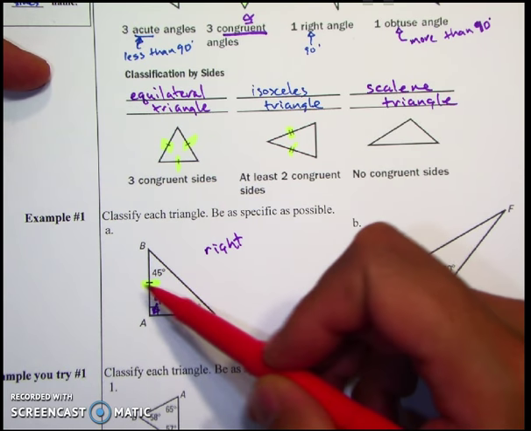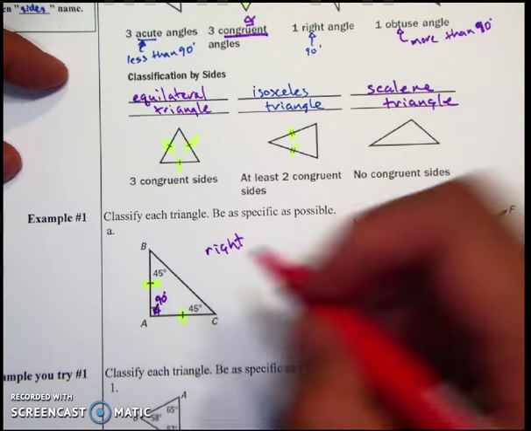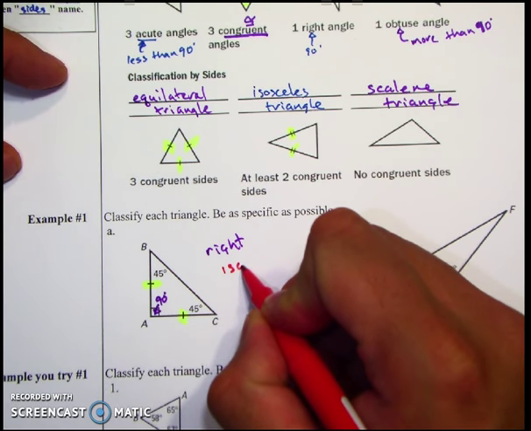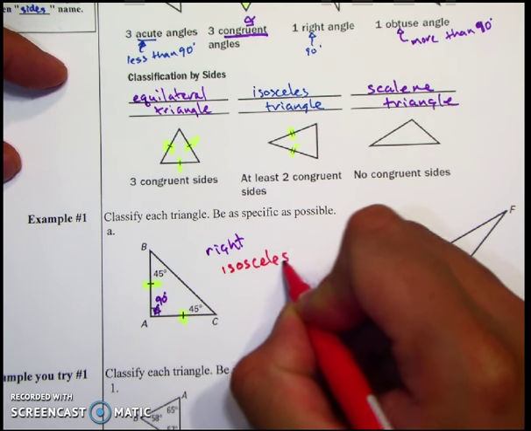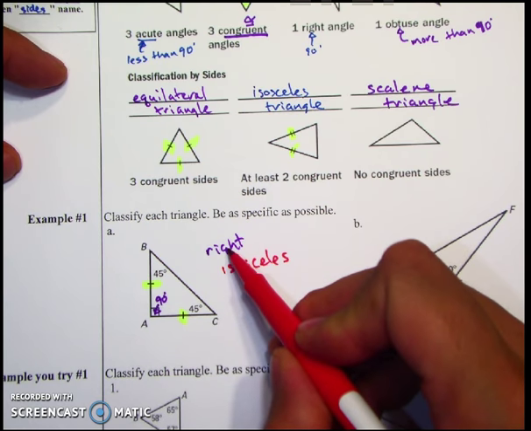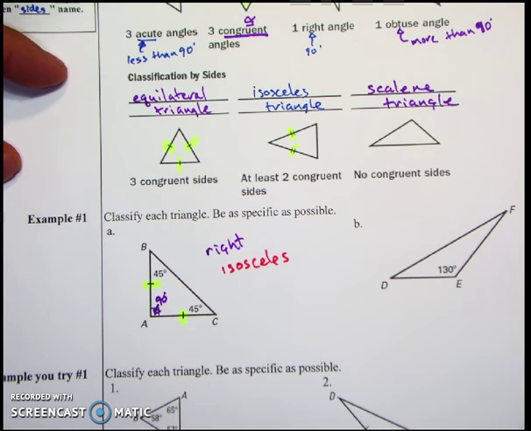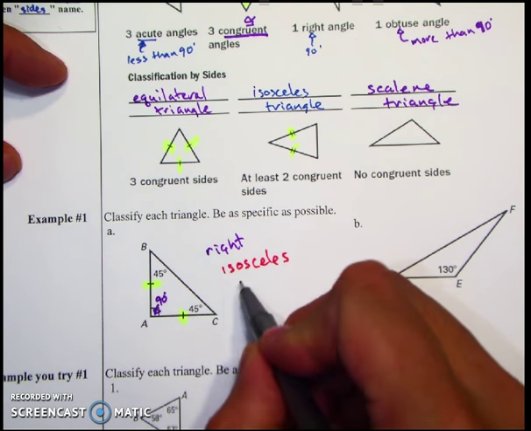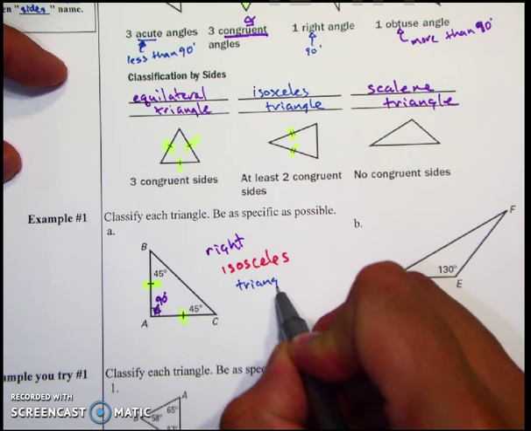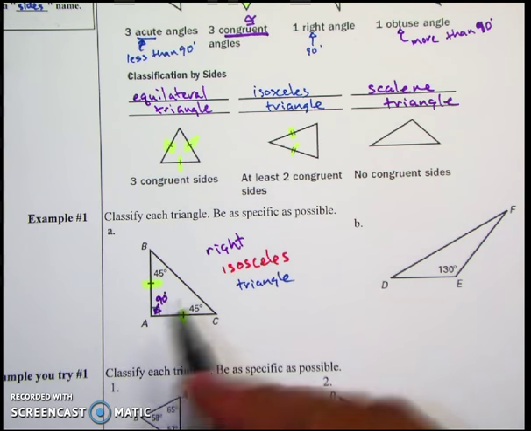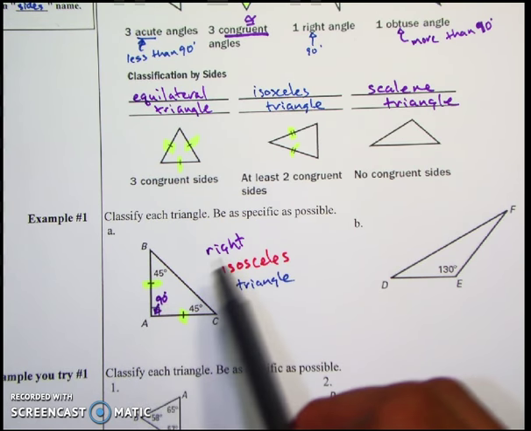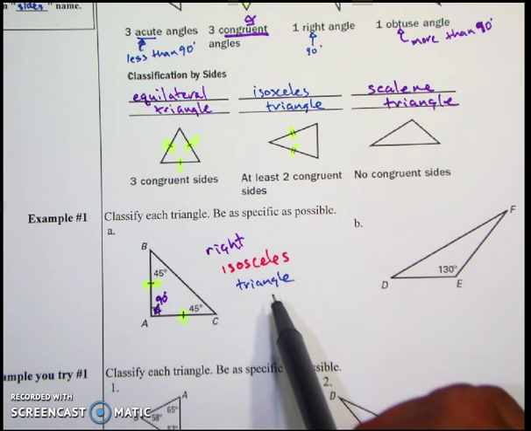Since these two sides are the same, it will be called isosceles. So we have an angle and we have a side, we call it a right isosceles triangle. So the name of this picture here is right isosceles triangle.